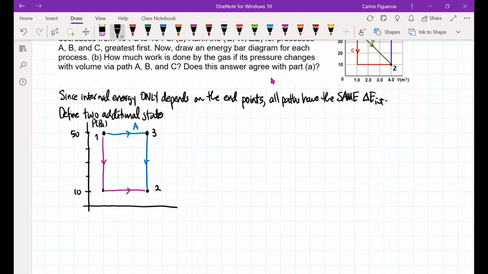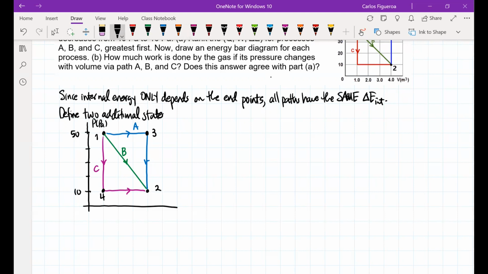And I'm going to define this second point 4. So now when I look at the middle path, you could see here that this guy's just a straight line going to right here. And this path here is what we call B. And this path here is C.